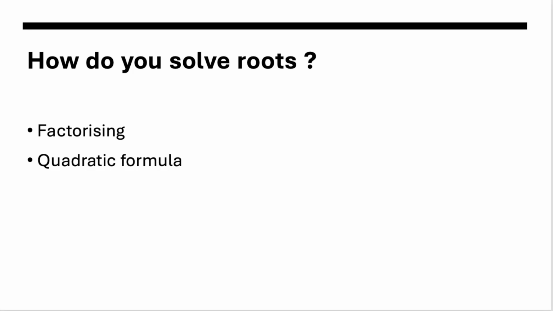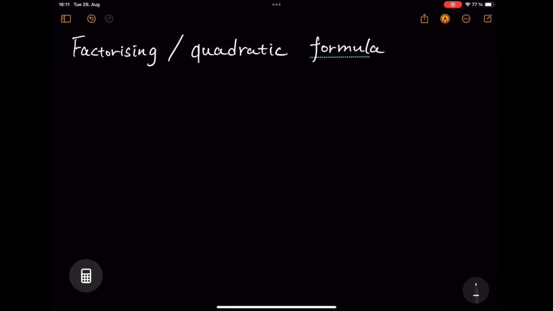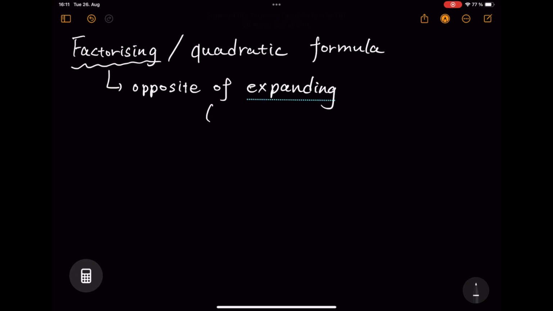Now you know how to expand the brackets, so we are moving on to factorizing and finding roots. So what is factorizing? Factorizing is basically doing the opposite of expanding, making two brackets.